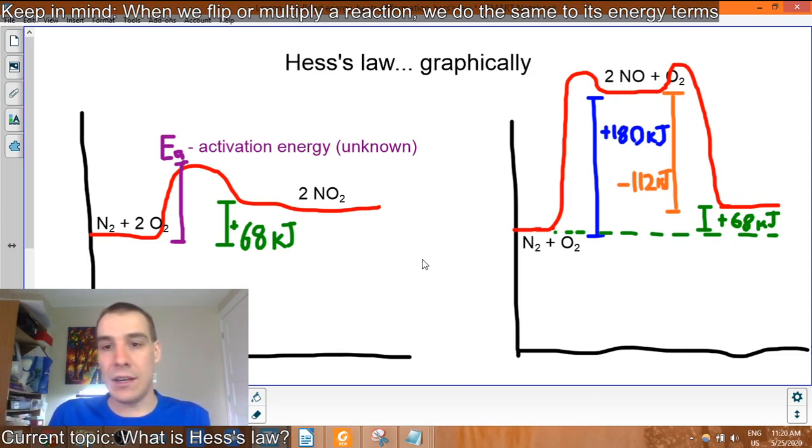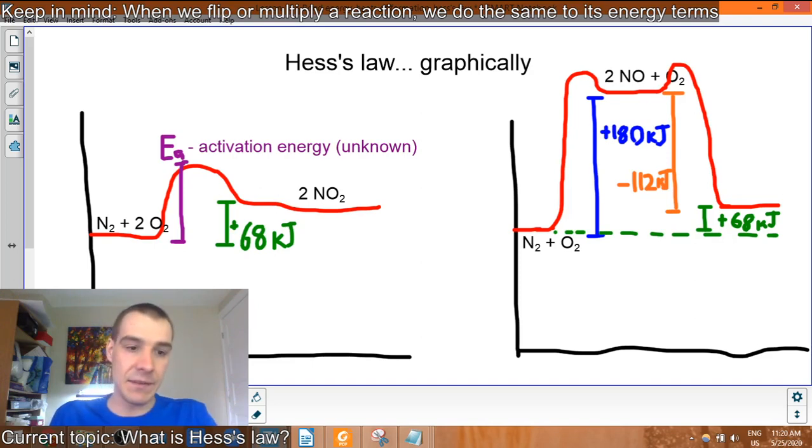So being able to do the same reaction in multiple steps is sometimes an advantage. Other times it isn't. Here, actually, the single step process is probably better because it's just a jump of 68 kilojoules. Here, your first step is to increase by 180, so probably less favorable than the one-step process. So that's what Hess's law is.